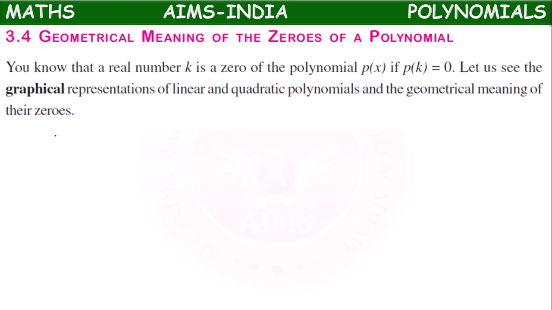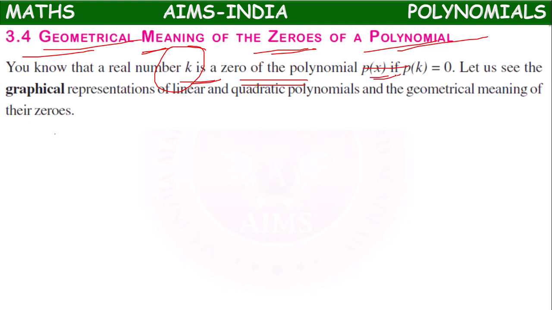Next one. Here, the geometrical meaning of zeros of a polynomial. If a real number k is a zero of polynomial p of x such that p of k equals 0, now we have to see the graphical representation of linear and quadratic polynomials and the geometrical meaning of their zeros.